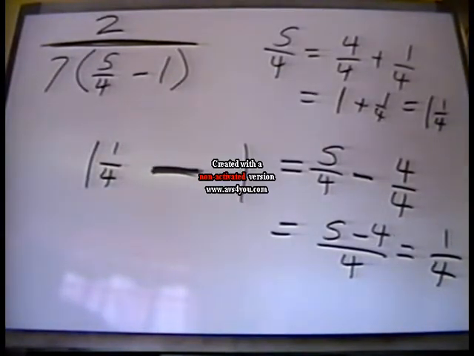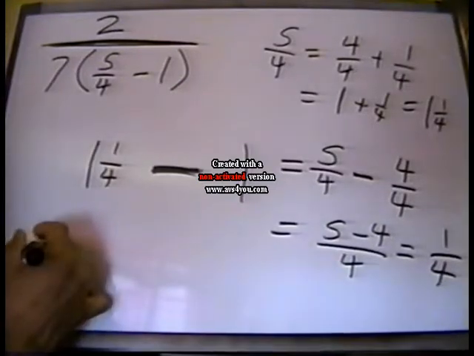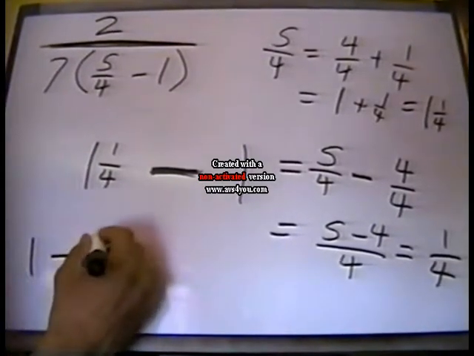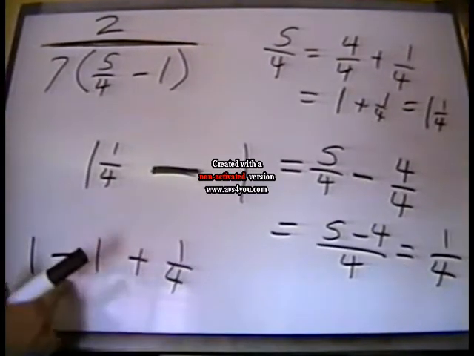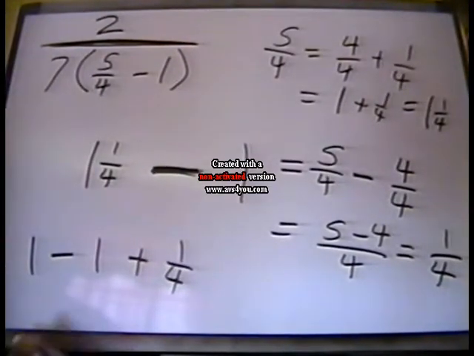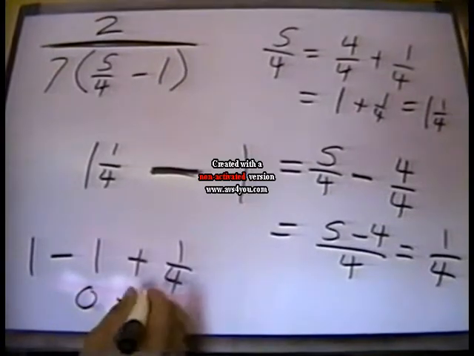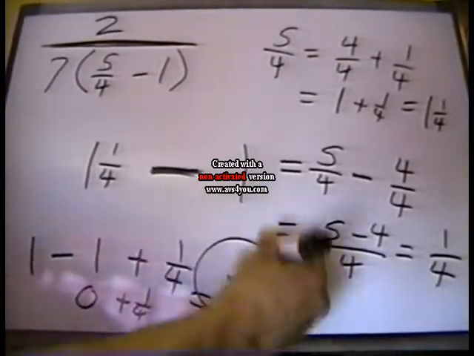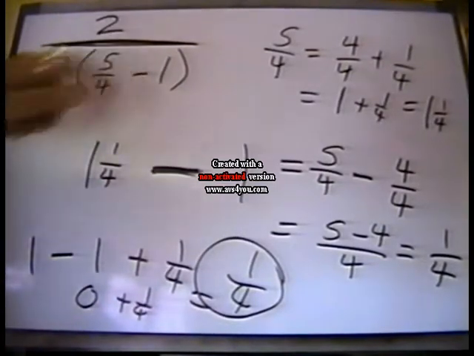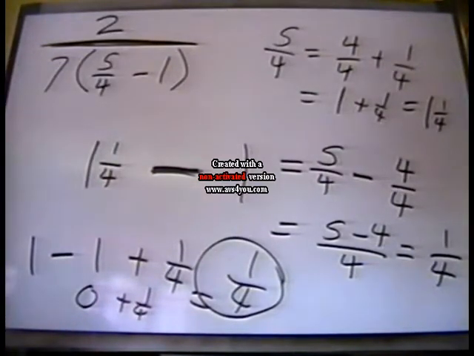Or you can say 1 minus 1 plus 1/4. It says 1 minus 1 is 0, so we get 1/4. Okay, 1/4 is what we're going to place there.